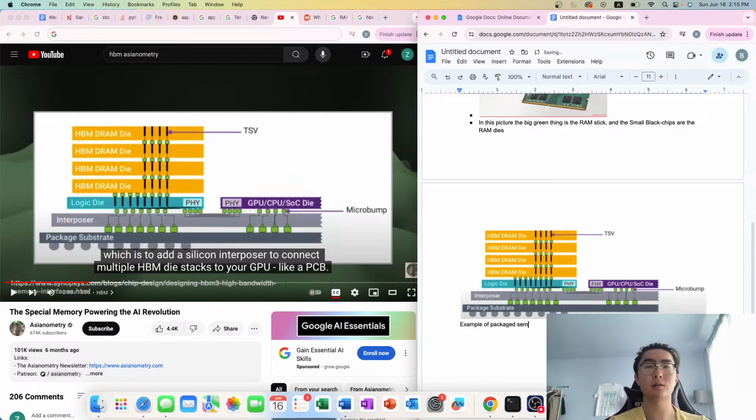Packaged semiconductor that combines, so that connects a CPU/GPU system on a chip die with the HBM DRAM memory stack via a silicon interposer.